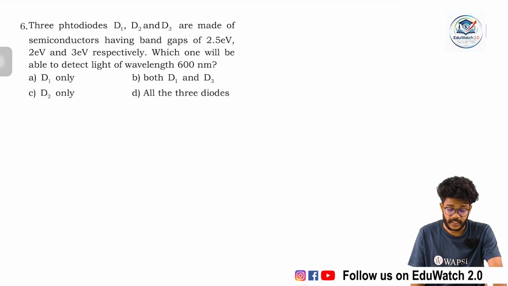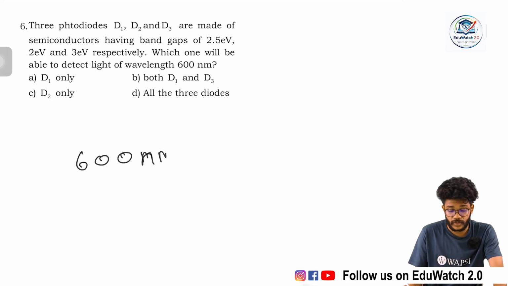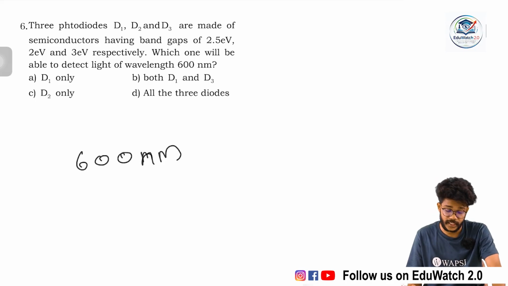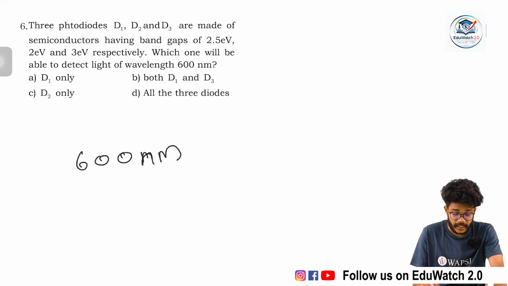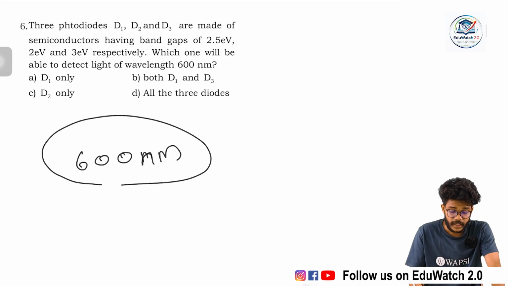And which one will be able to detect light of wavelength 600 nanometer? So we can calculate the energy, that means the energy of the incident wave should be greater than the energy of the band gap.